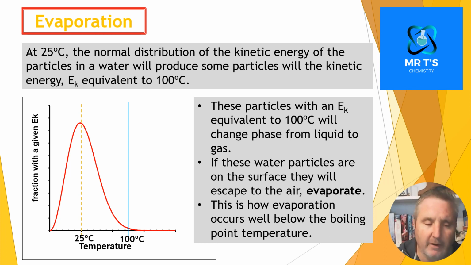So at 25 degrees, a temperature well below the boiling point, you will still have particles escaping into the gas phase as evaporation, and the total amount of particles will decrease because you're taking away the particles on the surface that are above 100 degrees.